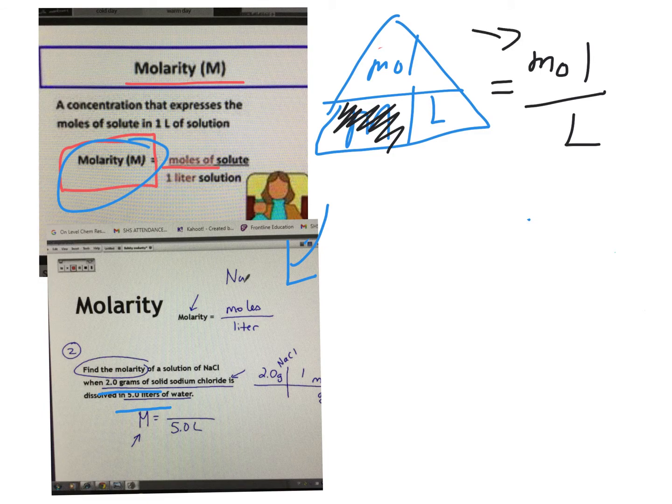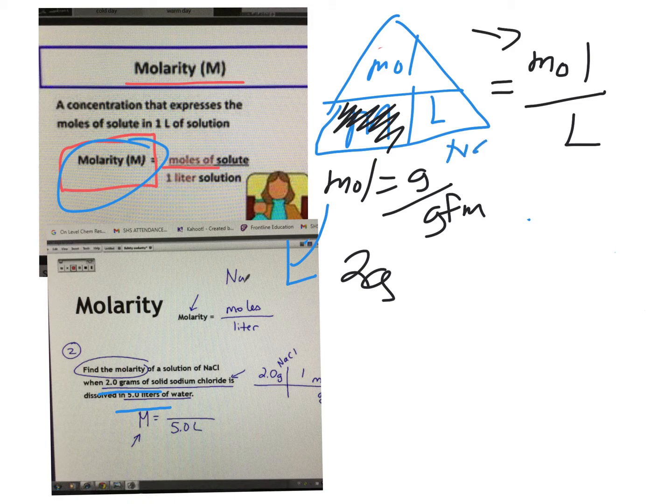So now remember, moles is grams divided by your molar mass or your gram formula mass. So if they're giving us 2 grams of sodium chloride, which is NaCl, let's put NaCl here. Na is 23, chlorine is 35. That gives us 58 as a molar mass.